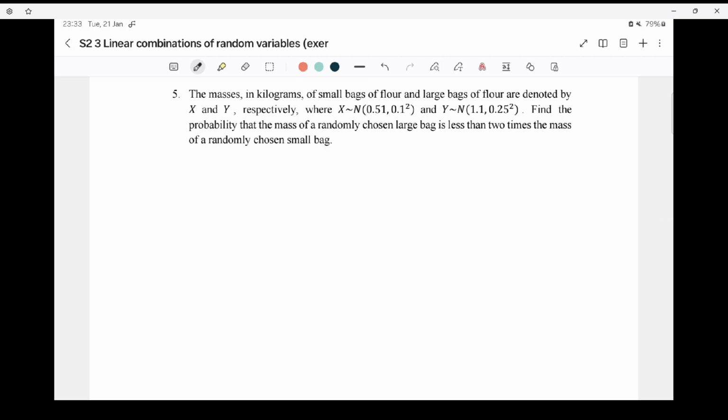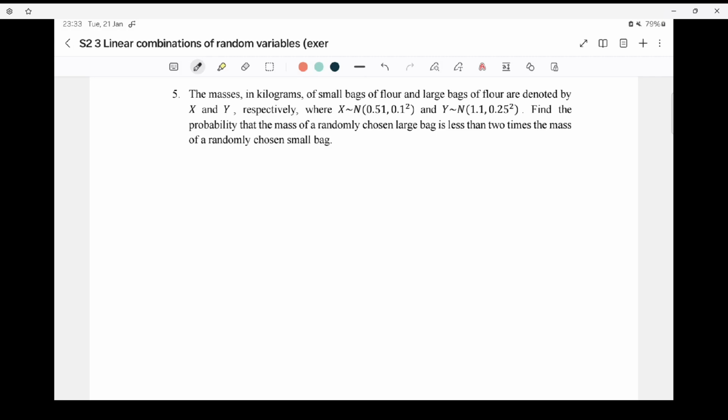Question 5. The masses in kilograms of small bags of flour and a large bag of flour are denoted by X and Y respectively. You have the normal distribution. Find the probability that the mass of a randomly chosen large bag is less than 2 times the mass of a randomly chosen small bag.